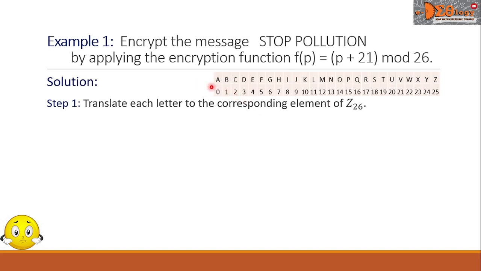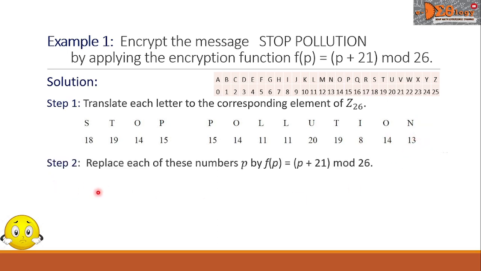We know that A is 0, B corresponds to 1, C corresponds to 2, and so on, and Z corresponds to 25. So we write the message "Stop pollution" here, and then we write the corresponding numbers for the letters. S is 18, T is 19, O 14, P 15, O 14, L 11, U 20, T 19, I 8, O 14, N 13.